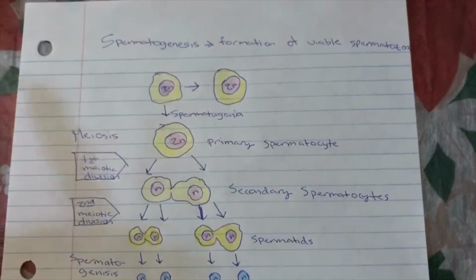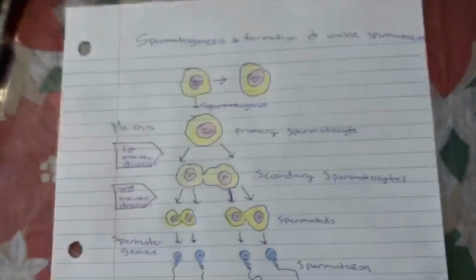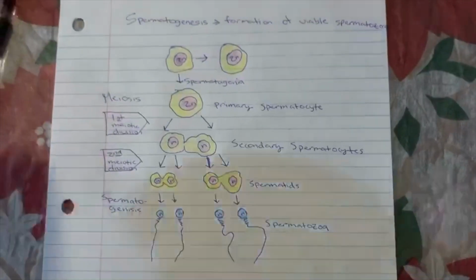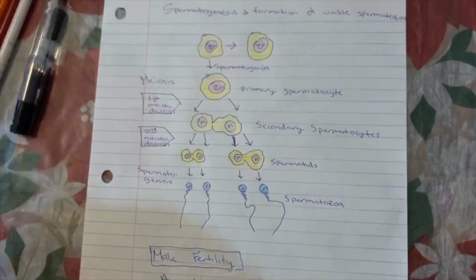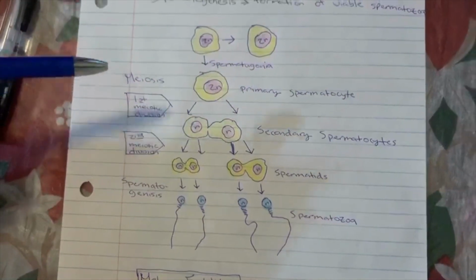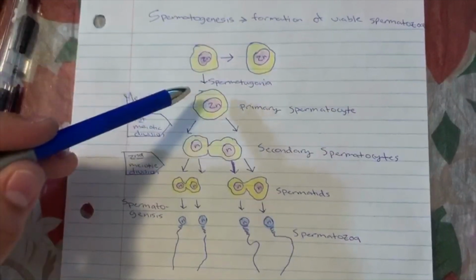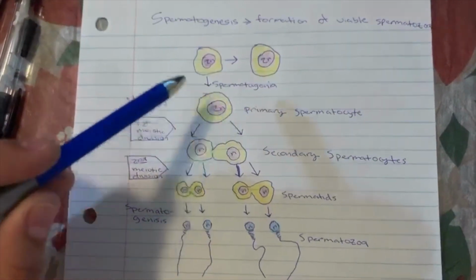Let's move on and discuss spermatogenesis, which is the formation of viable spermatozoa. At the start, there are diploid cells, or 2N, meaning they have 23 chromosomes from the mother and 23 from the father, that will start off and produce spermatogonia.